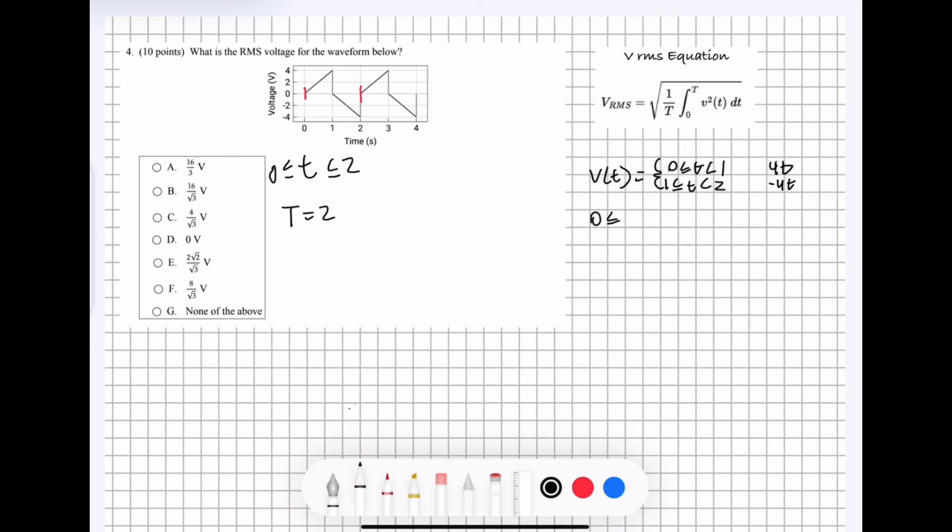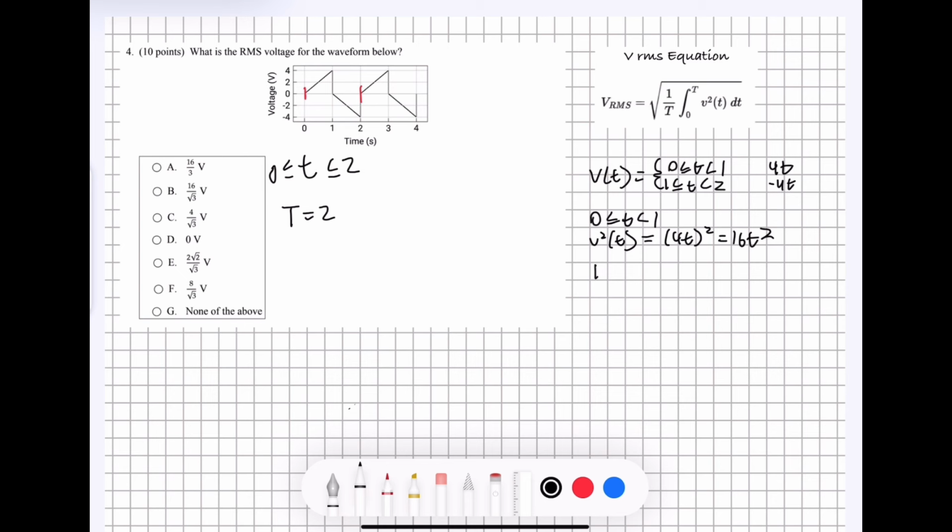From the interval of 0 to 1, we know that our v squared of t value is going to be equal to (4t) squared, which is equal to 16t squared.